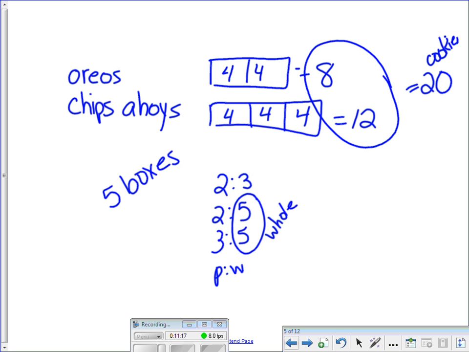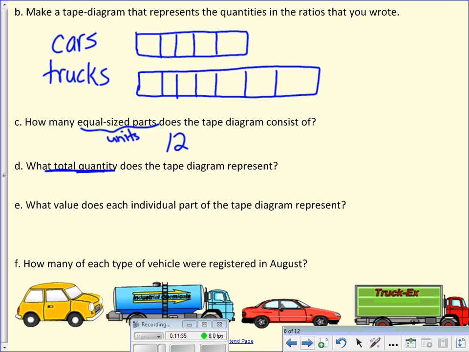But what did those boxes really represent? What was the total that those boxes represented? 20 cookies. What's 20 divided by 5? 4. And that was our constant. So now think about that when we're looking at these vehicles. My 12 boxes represents what? What was my total number? 192. Right. That's where that number goes. For the whole month of August, there were 192 vehicles.